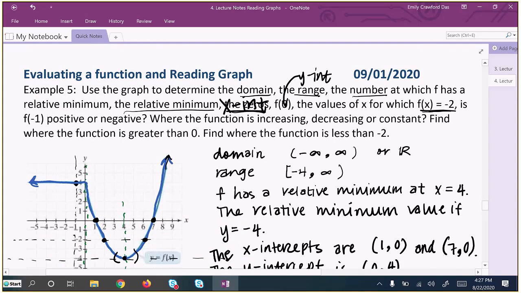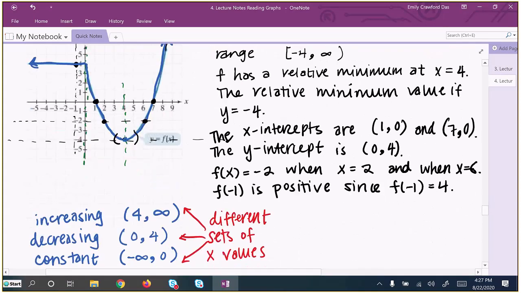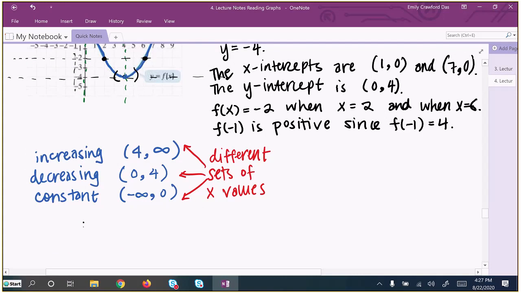Okay, we're almost done. The question also asks us to find where the function is greater than 0. So we took care of increasing, decreasing, constant. Where is it greater than 0 and where is it less than negative 2? So the function is greater than 0.